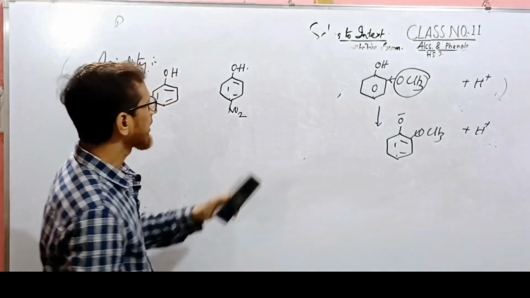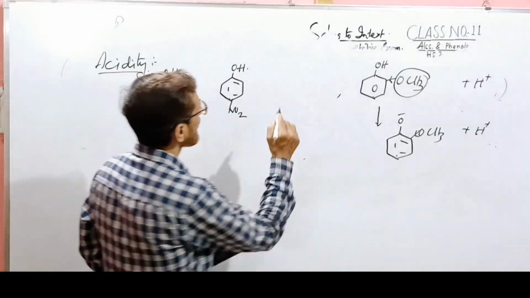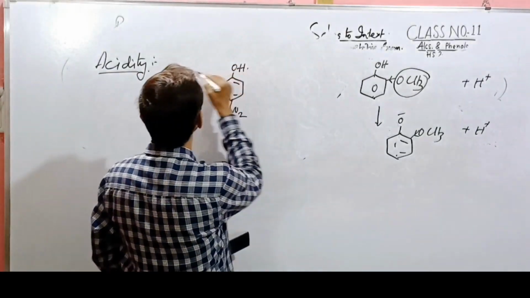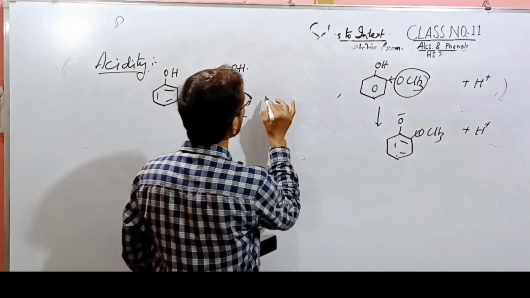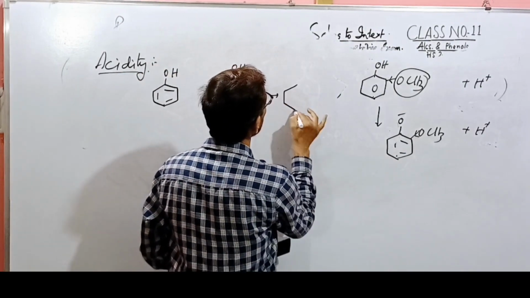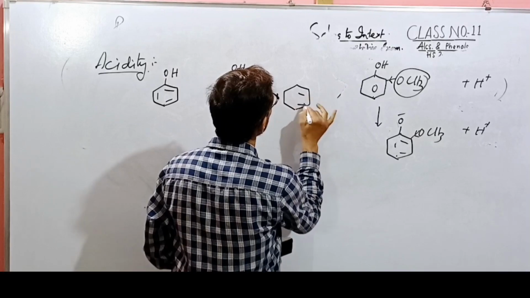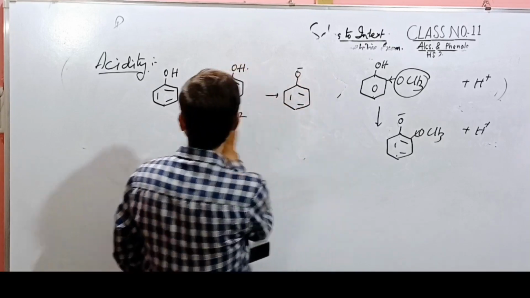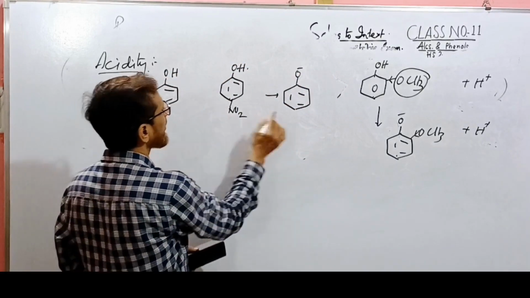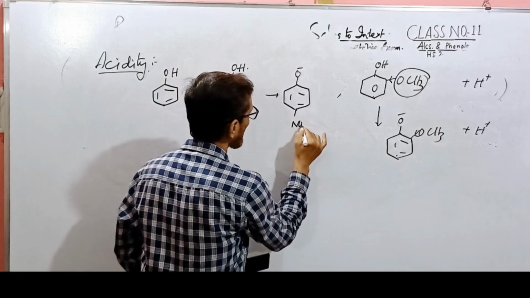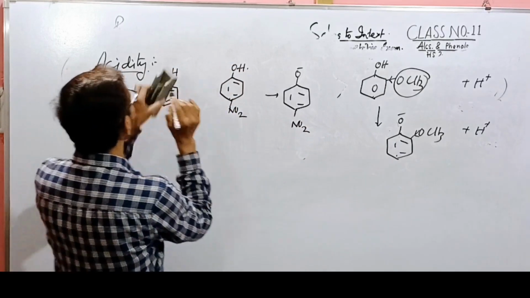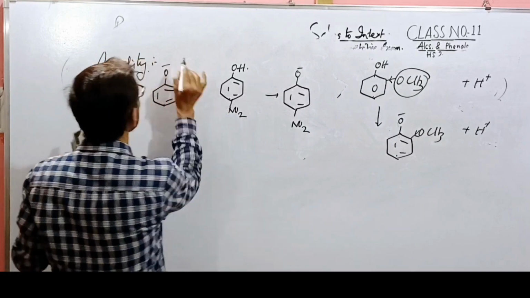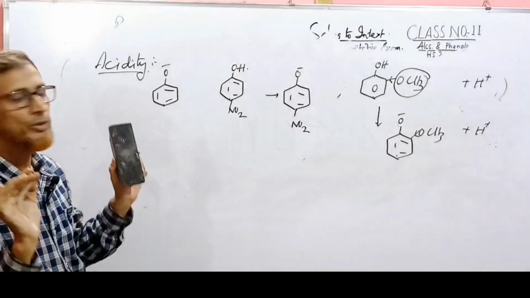But the fact is, as I told you a bit earlier, whenever the hydrogen from this or that is removed, in both cases we get the phenoxide ion. Here there is no other substituent, but here there is one substituent, the nitro group.